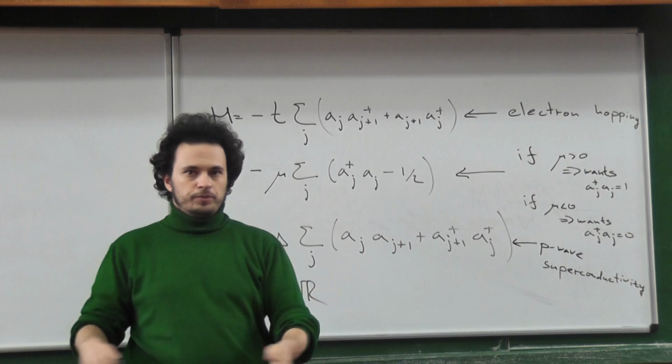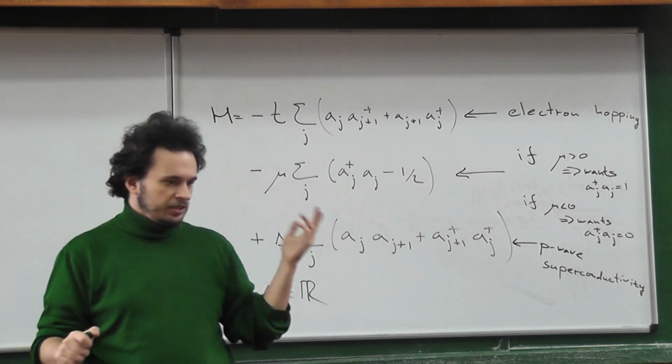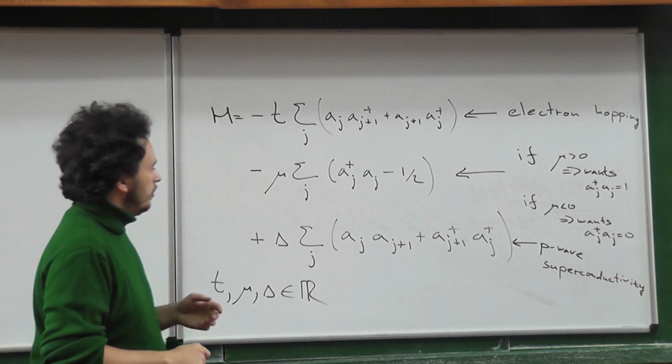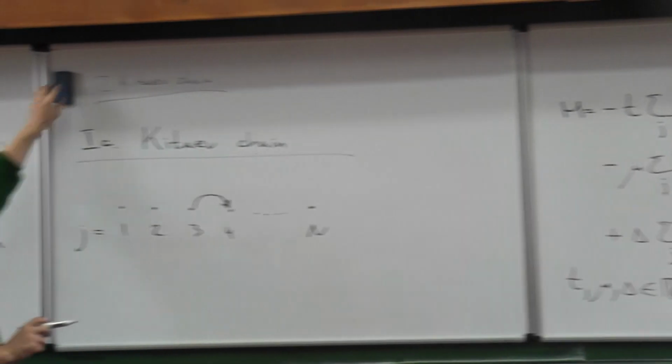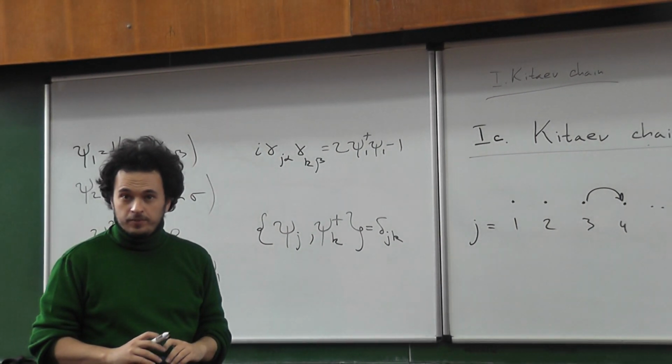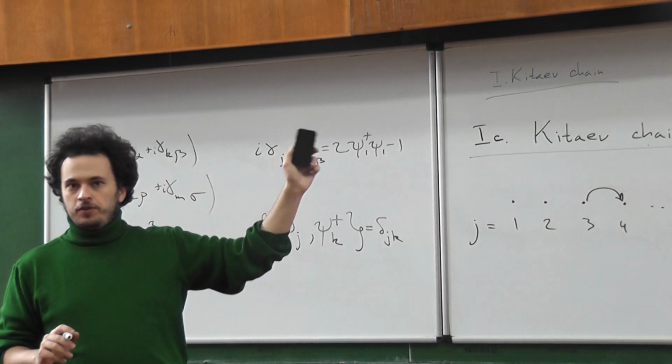So my states will be superpositions of different numbers of electrons, the eigenstates, possibly. Nevertheless, we can solve it. And the way to solve it is to introduce Majoranas for each of those fermions.